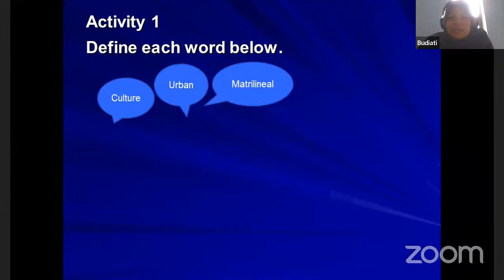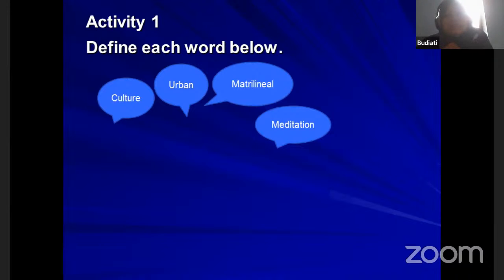Okay, now I'd like to go on the next, meditation. Who knows about the definition of meditation? Anybody want to try? What is meditation? For example, to get the inspired or ideas, some people do the meditation or to make relax, yeah. So what meditation is?